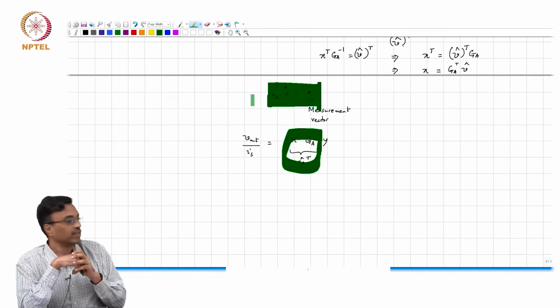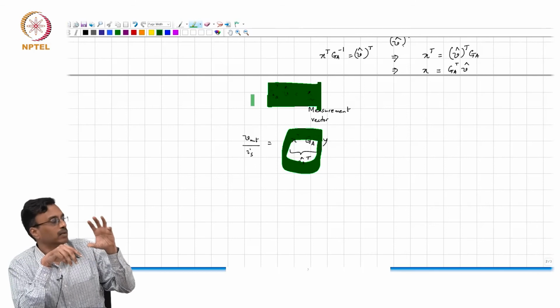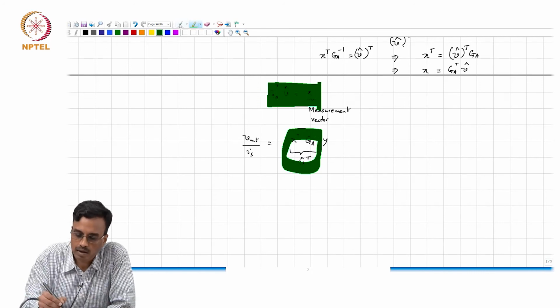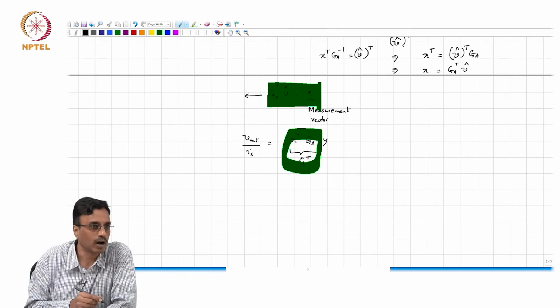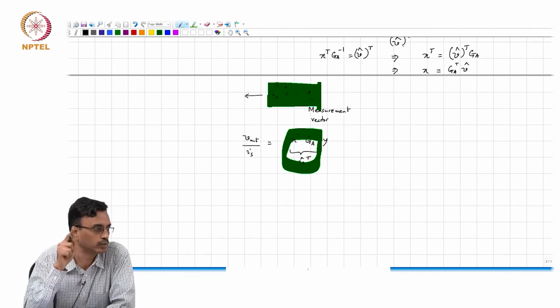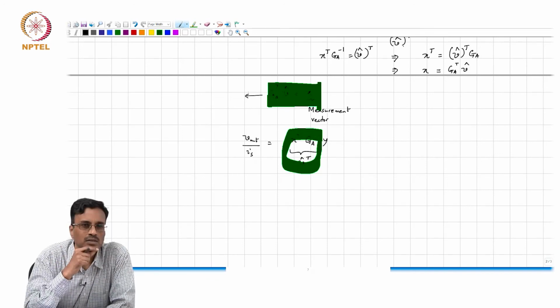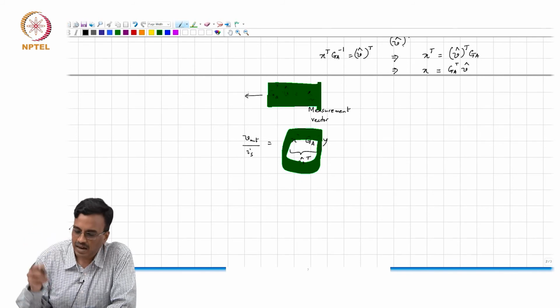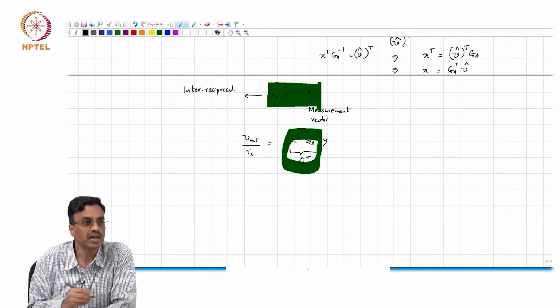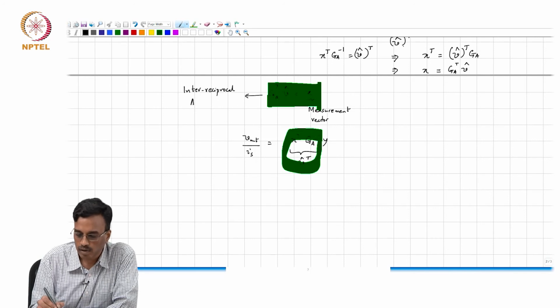So we form a network whose MNA matrix is the transpose of the original network. What do you call that network? It's called either the interreciprocal network or the adjoint network.